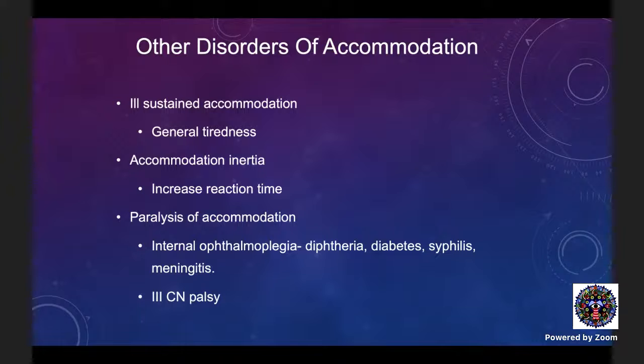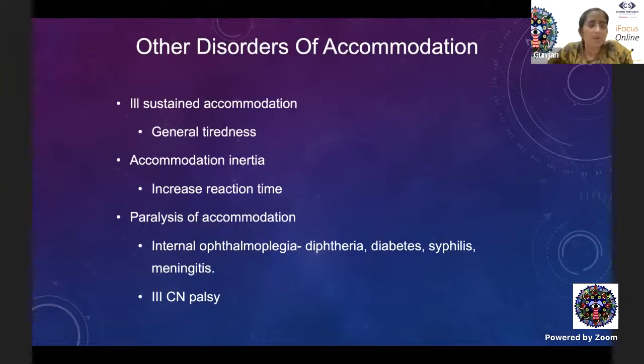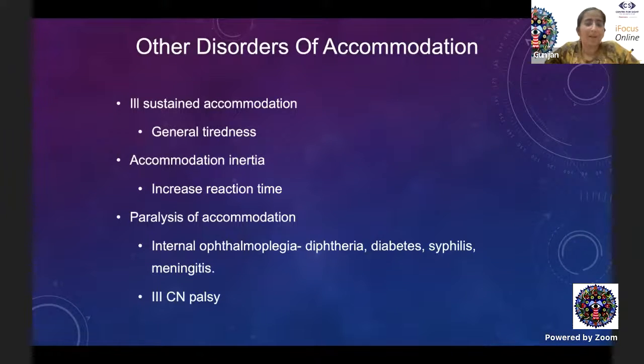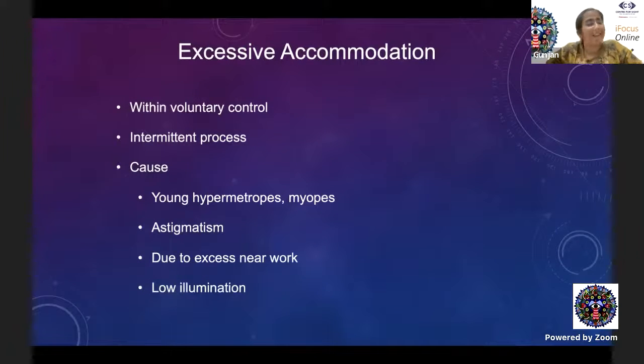Then there is paralysis of accommodation, which could be because of third nerve palsy or internal ophthalmoplegia caused by diabetes, syphilis, or meningitis. Similarly, as we talked about the ill-sustained and weak accommodation, there can be excessive accommodation.